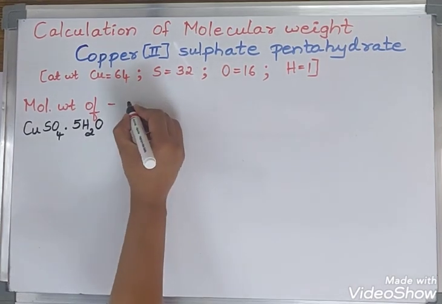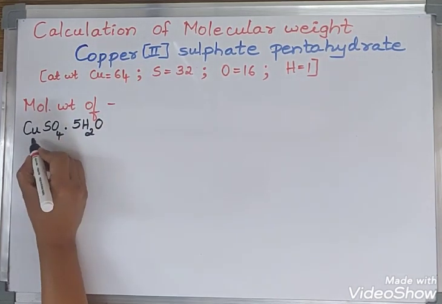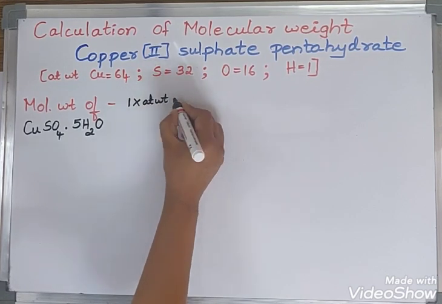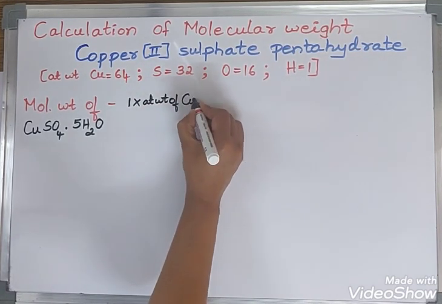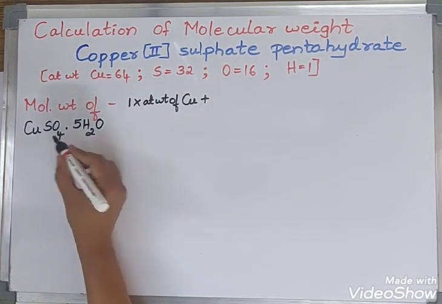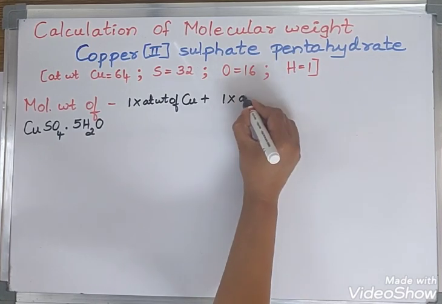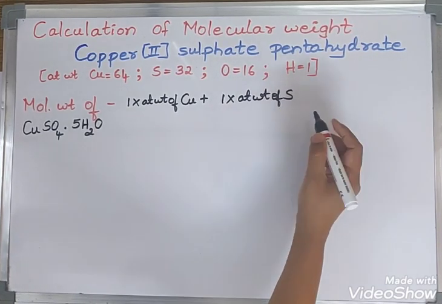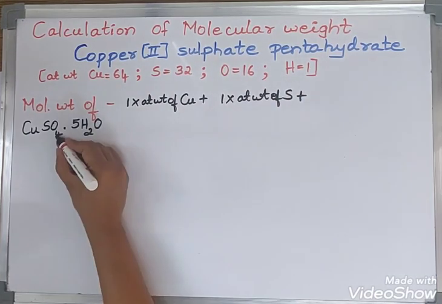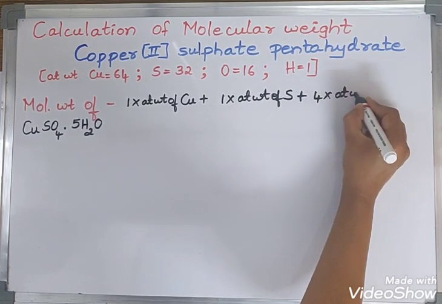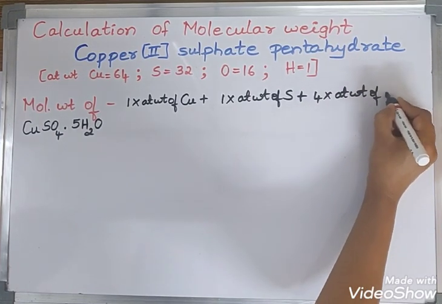Now let us write down the first step. We have 1 atom of copper, 1 into atomic weight of copper, plus 1 atom of sulfur, 1 into atomic weight of sulfur, plus oxygen, we have 4 atoms, 4 into atomic weight of oxygen.